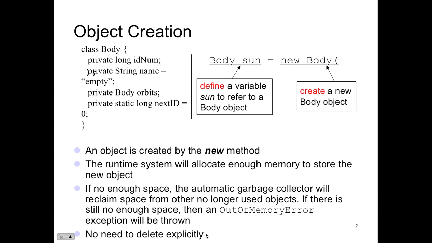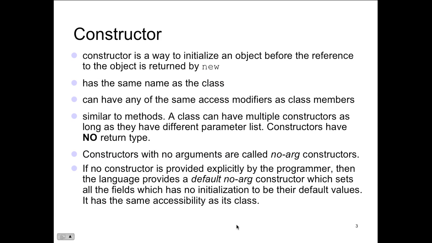If it can't pull anything out, everything's being referenced, and there's no memory available, you actually will get an out-of-memory error exception. Rarely happens, actually. You see this usually on mobile devices, when it seriously has run out of memory. No need to delete explicitly, so there's no delete.